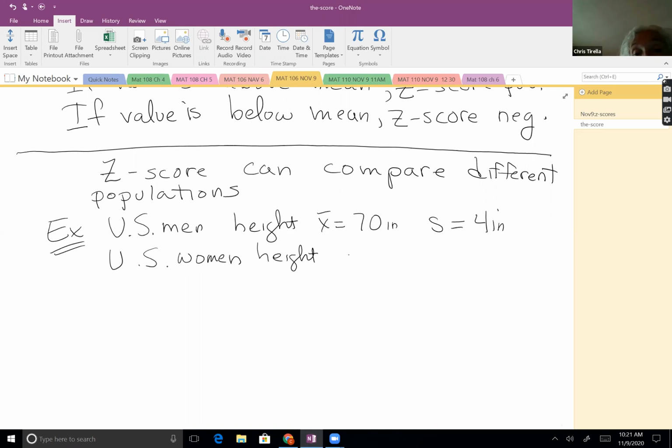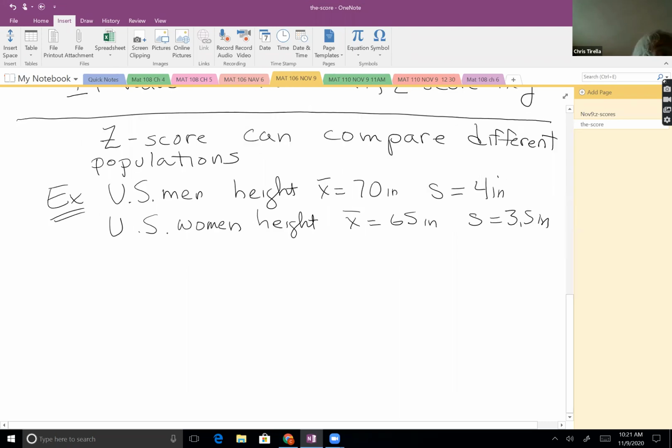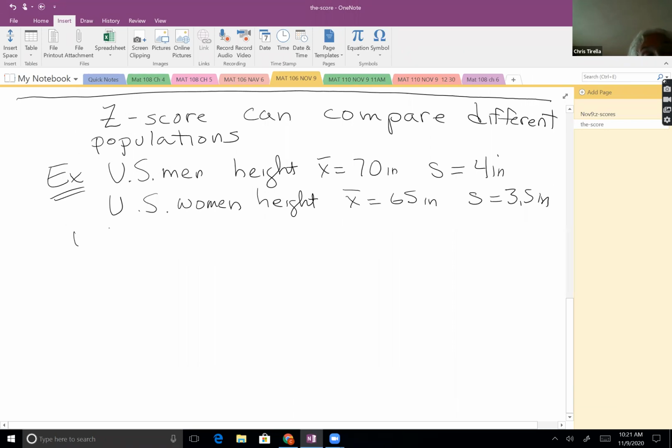Okay. For women's height, the mean is 65 inches and the standard deviation is 3.5 inches. And so I want to know which is more unusual: a 5-foot tall man or a 6-foot tall woman.